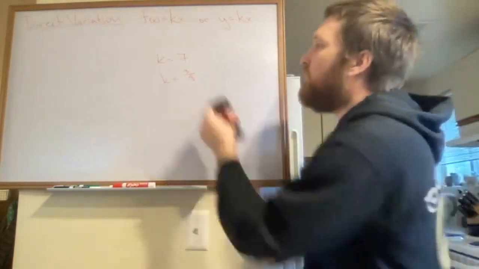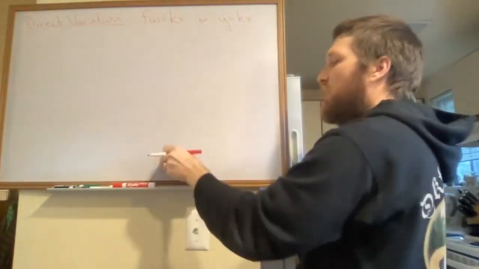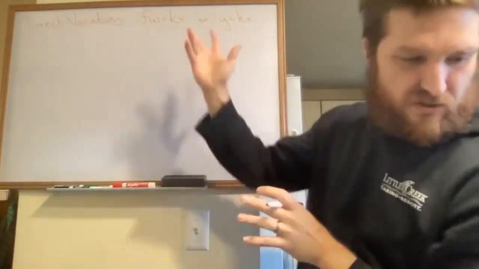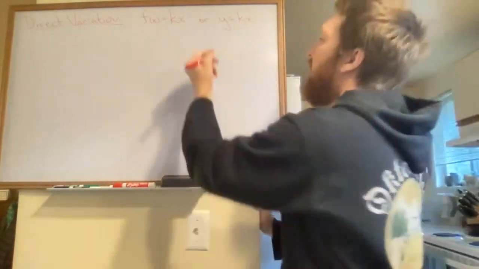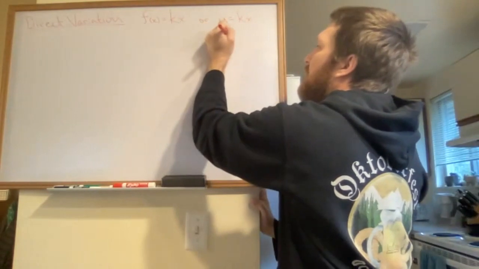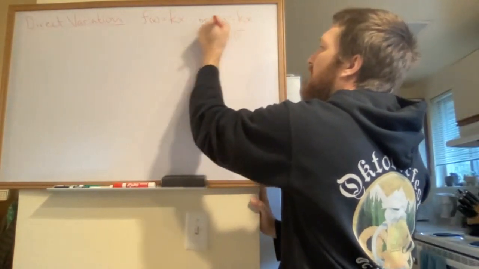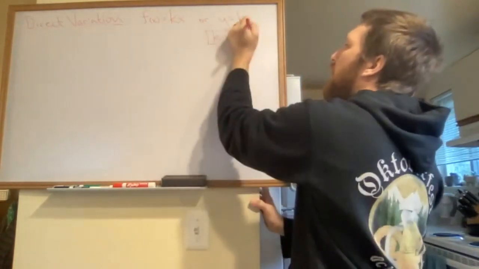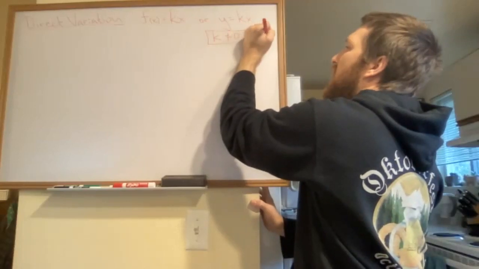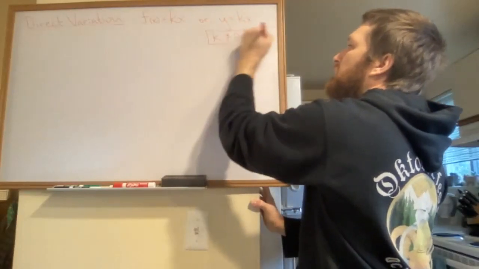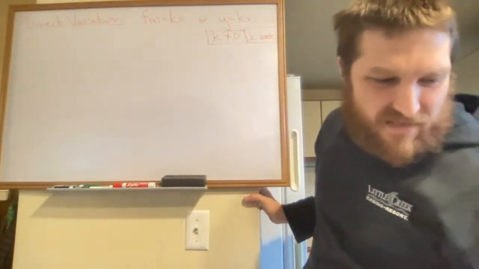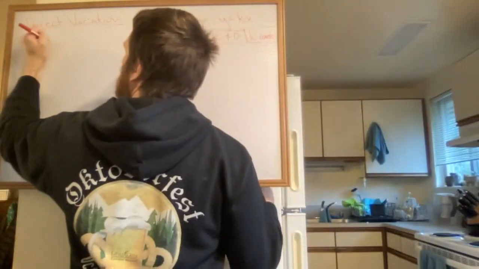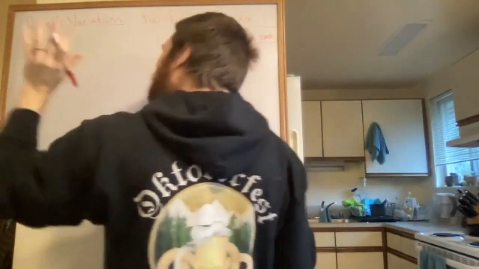Okay, so direct variation is when you have a situation like this that translates to a linear function where k is a non-zero constant. K is not equal to 0. K is constant. We say there is direct variation. And this is said in two ways.